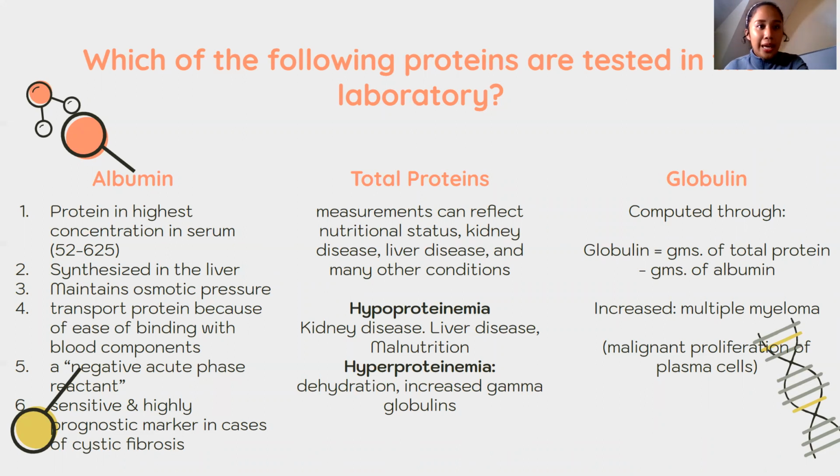And it's a good prognostic marker in cases of cystic fibrosis. Cystic fibrosis is a genetic disease very common in Caucasians. It is very dangerous because in cystic fibrosis, the mucus of the body is excessively thick.